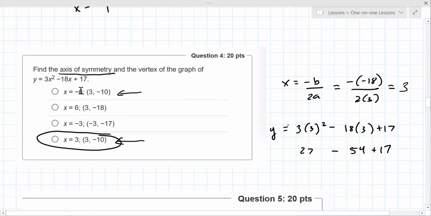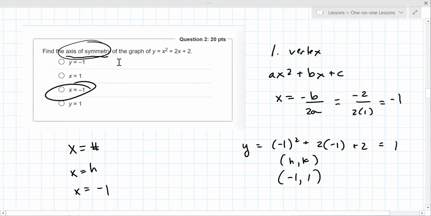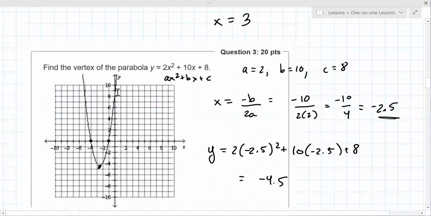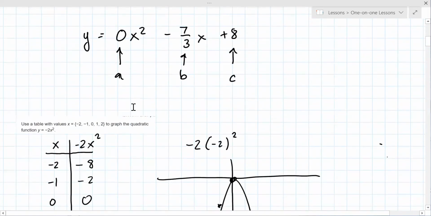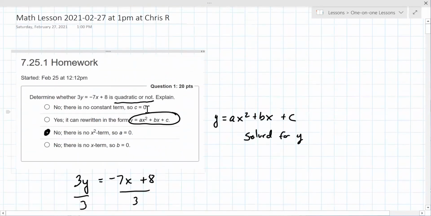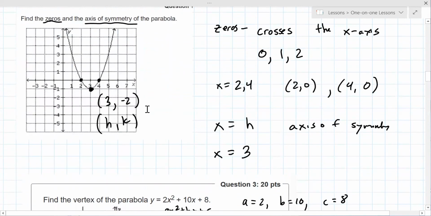So we did a problem here. Find the axis of symmetry. Okay, let's see if there's any more here. Okay, so let's do this. What does H refer to?